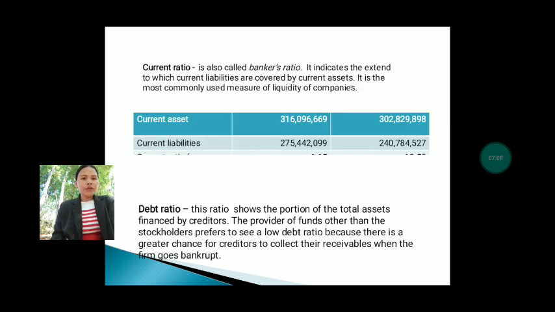So we have the current ratio. The current ratio is also called the banker's ratio. It indicates the extent to which current liabilities are covered by current assets. It is the most commonly used measure of liquidity of companies.